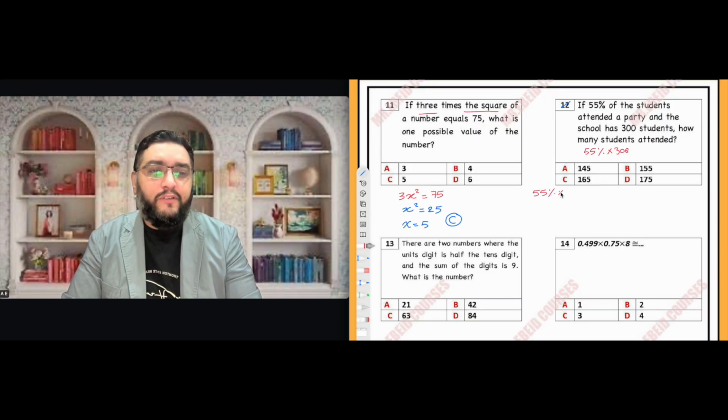Another student can calculate 55% out of 100 three times, which equals 55 plus 55, then add all of them plus 55. Another student can rewrite 55% into 5% and 50%.